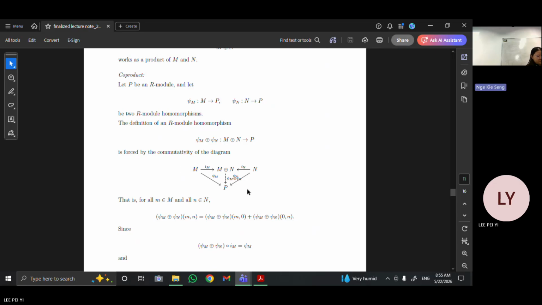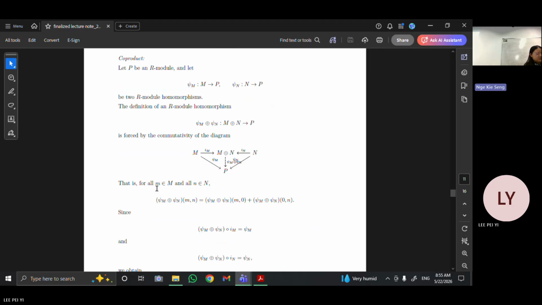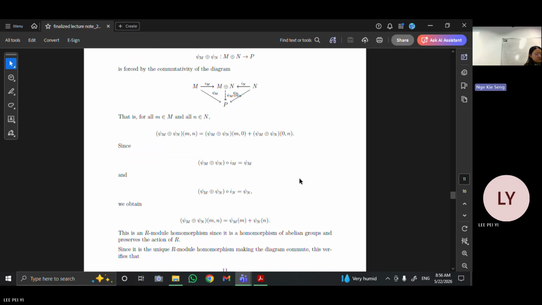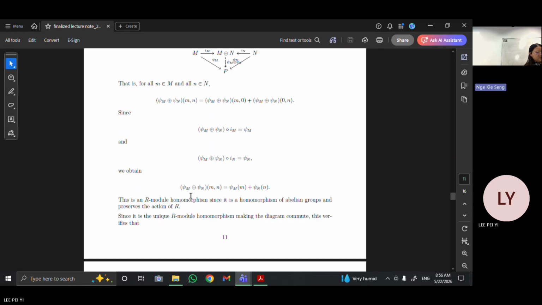So we have the diagram here to show the relationship, and that is for all m in M and all n in N. And the next one, since ψ_M and ψ_N composed with the inclusions equal ψ, we obtain ψ(m, n) = ψ_M(m) + ψ_N(n).